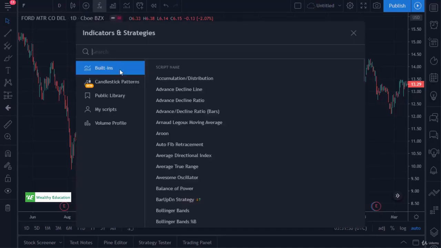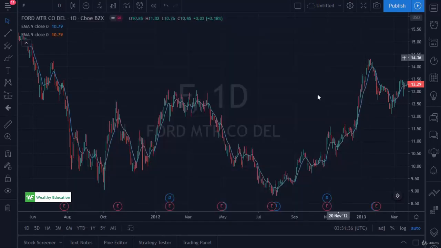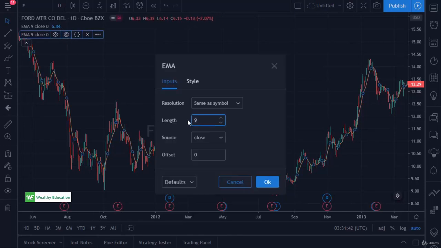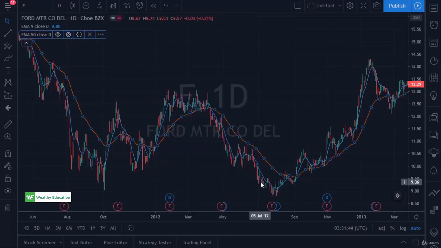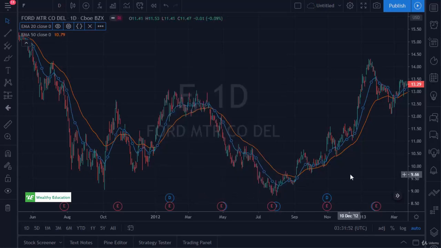You can also do things like add these moving averages. So let's go ahead. This is a daily chart. So let's go ahead and perhaps use something a little bit more stringent, higher time frame. 20 and 50. I'll use those.